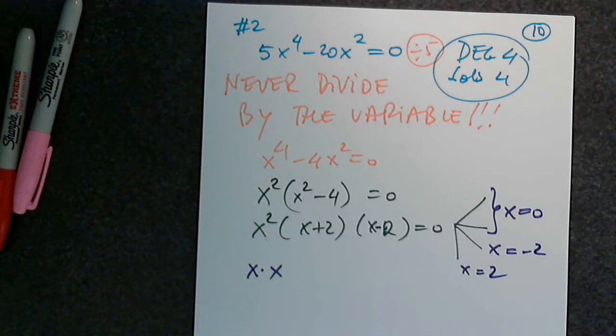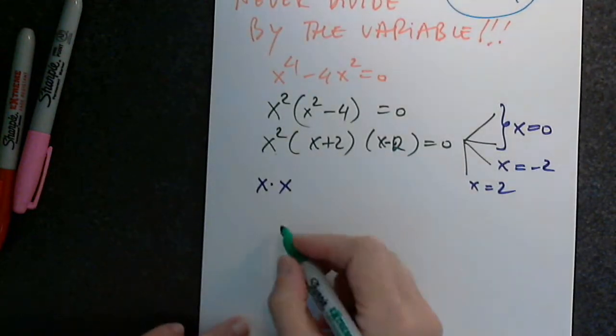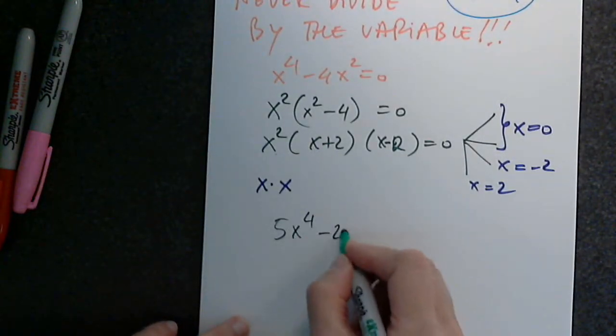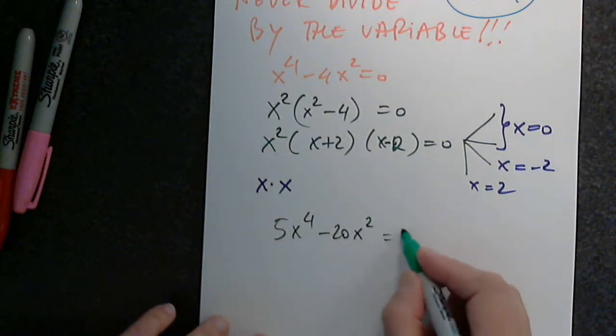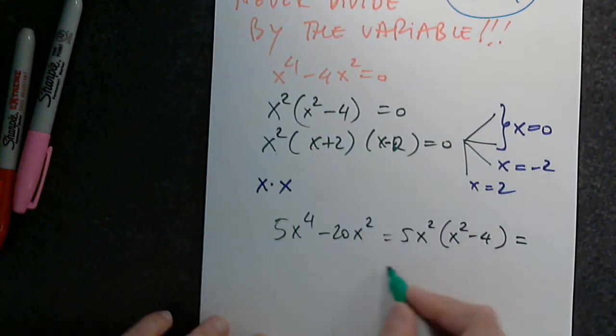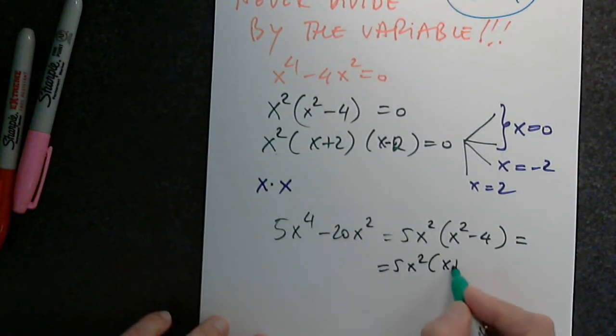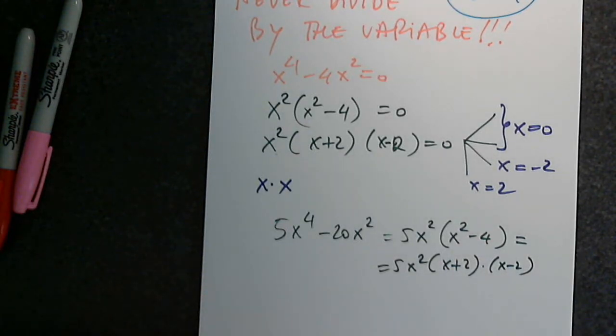Questions? Please. In the beginning, what makes you just be able to divide by 5 instead of factoring out 5? Excellent question. If you give me this expression and you say factor completely, no factor can go away.